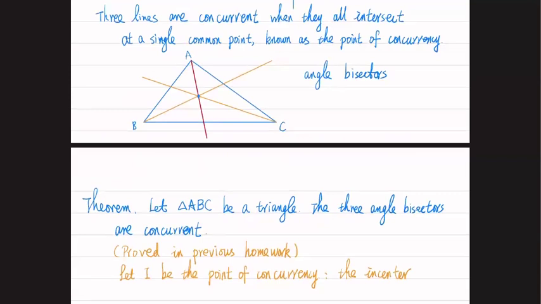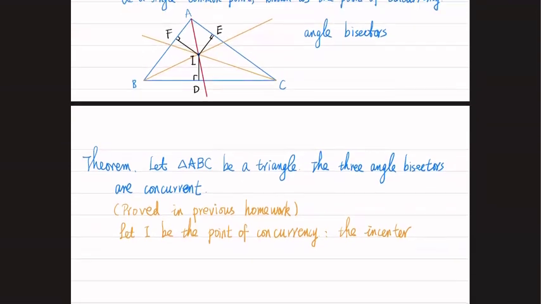What that means is if we draw the perpendicular lines, we call these points D, E, F. This is I. We showed that ID, IE, and IF are equal.